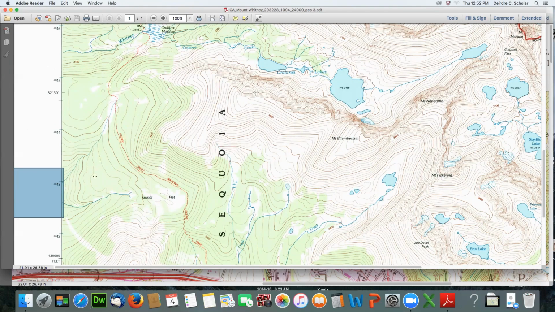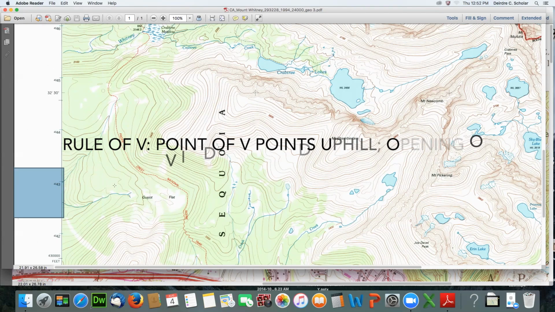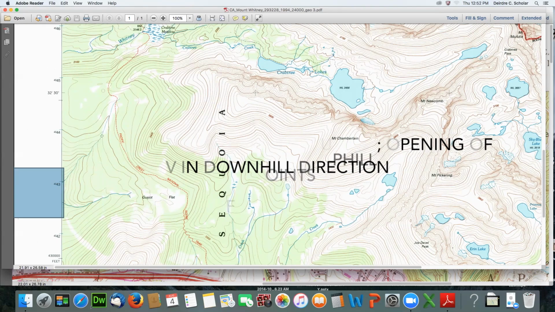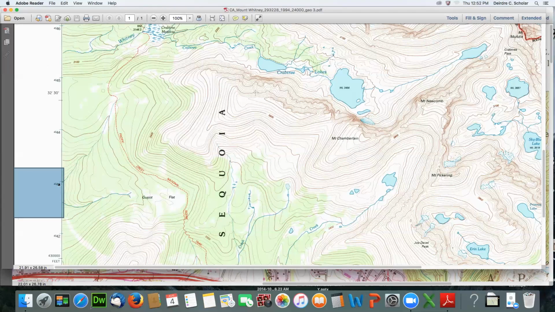So I'd like you to make a little sketch on your handout of this pattern, this shape, and we do call this the rule of V's. So when we see those V's on a map, it tells us that, yes, indeed, there's a little stream valley or a creek or a canyon, and I know which way is uphill because the V points in the uphill direction, and I know which way is downhill because the wide opening of the V points downhill.